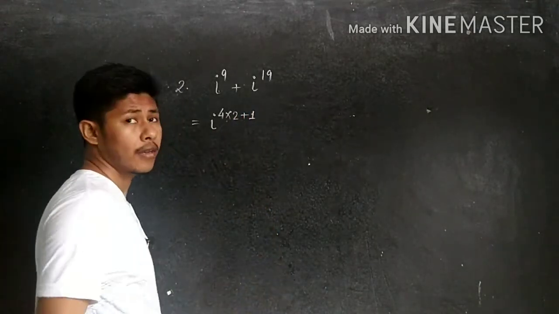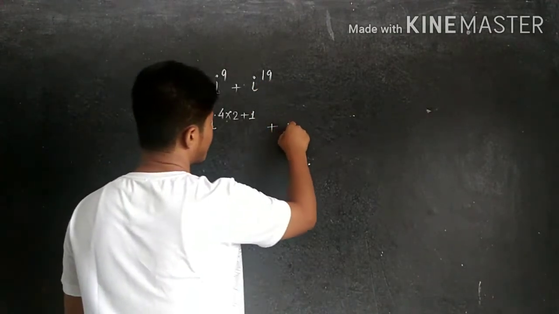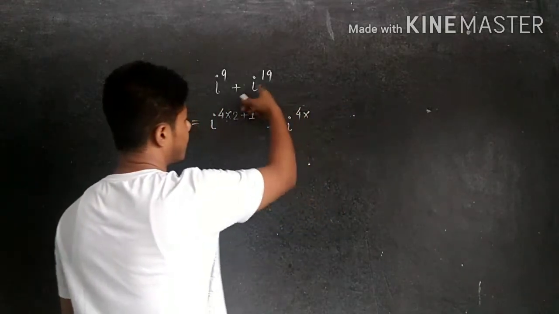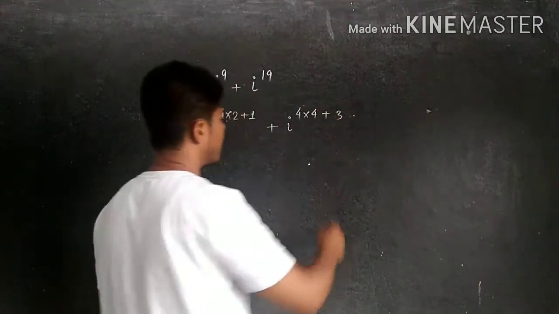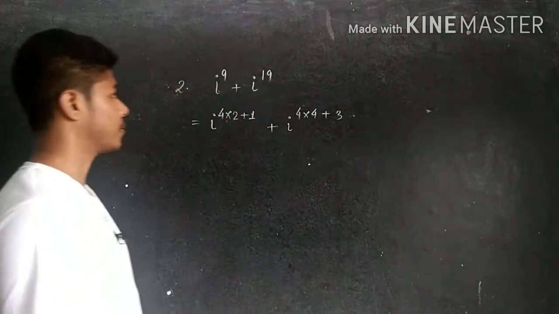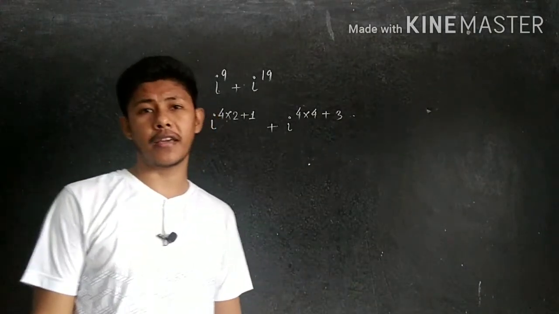Similarly, i to the power 19: 4 into 5 is 20 but here it is 19, so 4 fours are 16, 16 plus 3. So we get i to the power 4 into 4 plus 3. Is it clear? We can arrange the result in this way.